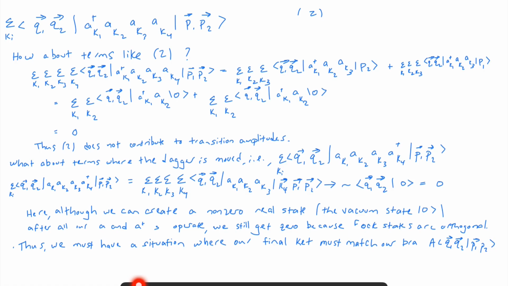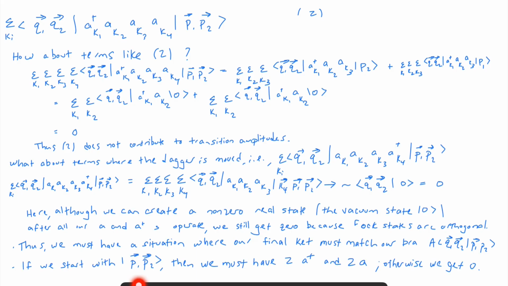So whatever I get on the right after I act on it with all these creation and destruction operators, in this case it was zero, it really has to match this, and P1, P2 actually has to be Q1, Q2. Otherwise, we're going to get zero. So this P1, P2, after all the manipulation, has to equal Q1, Q2 to get any kind of non-zero answer. And I'll get one there, but then I may have some constant factors that become relevant in our scattering. So that's the rough idea here.